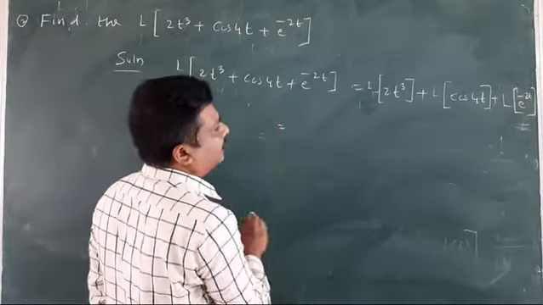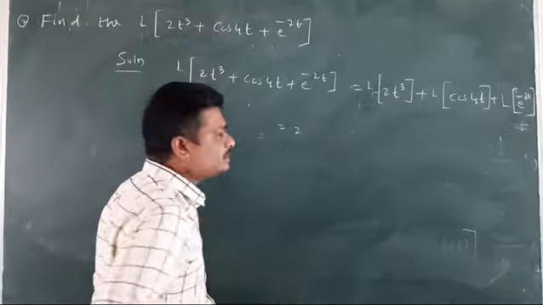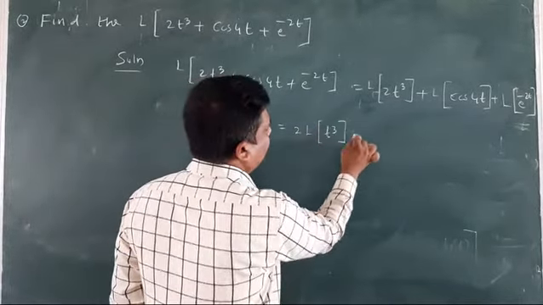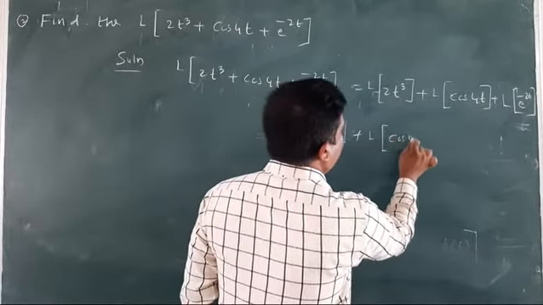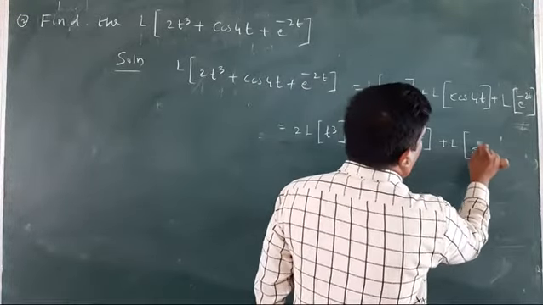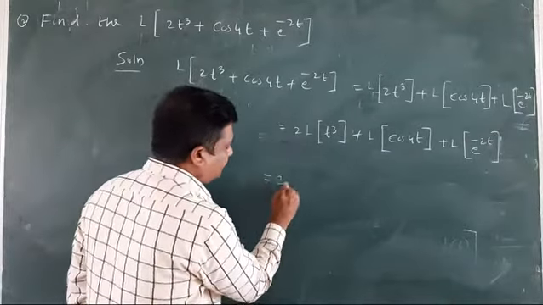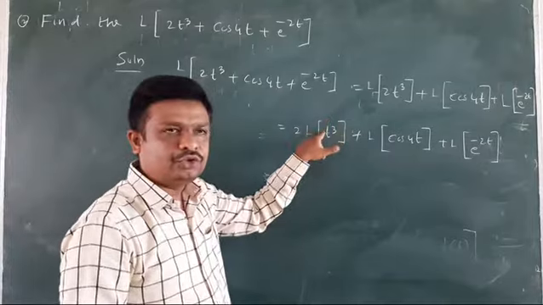So this implies, here 2 is a constant. I will write it outside the Laplace sign: L of t cube plus L of cos 4t plus L of e to the power of minus 2 into t. So this implies 2 into, here I will apply the t raised to n formula.